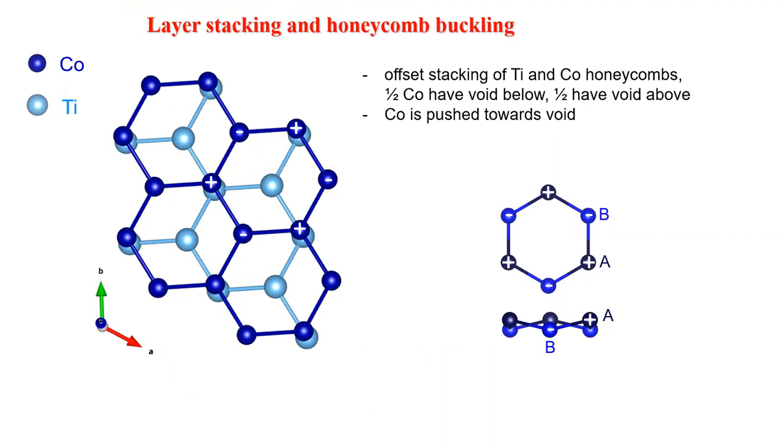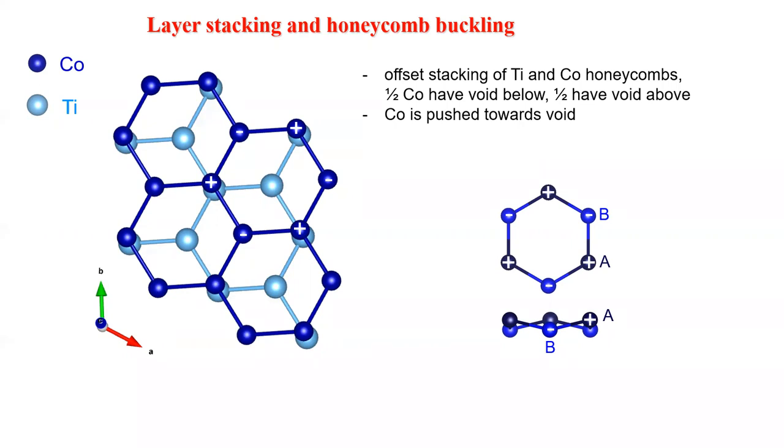As I mentioned before, we have stacking of cobalt honeycombs. In between them, there's a titanium honeycomb shown here in light blue, and the stacking is offset. For example, this cobalt up here is above a void, and this cobalt up here is above a site.